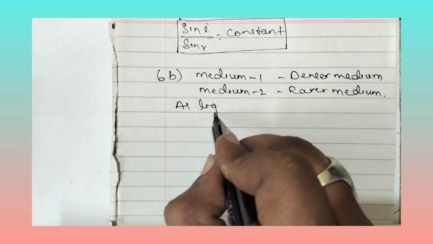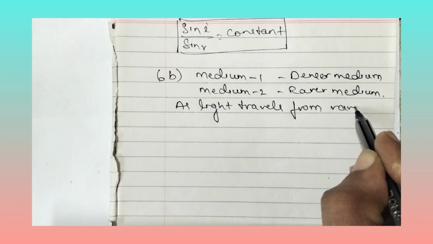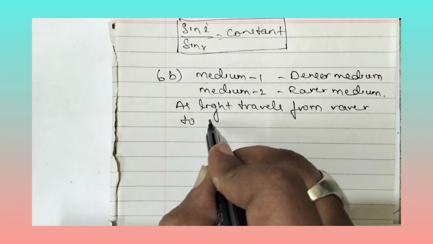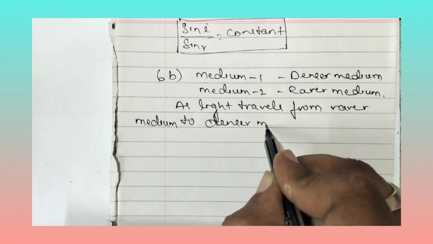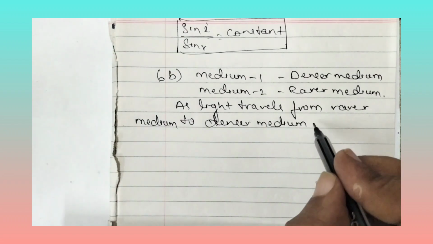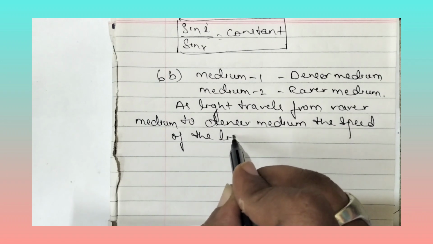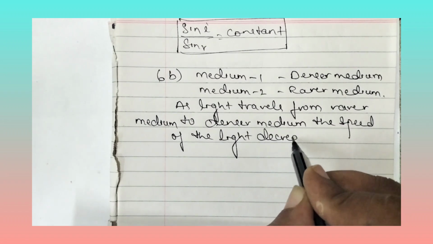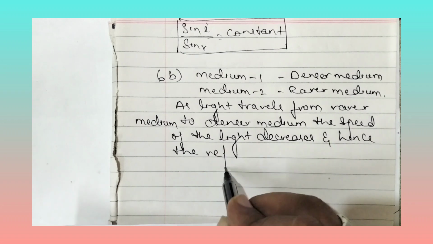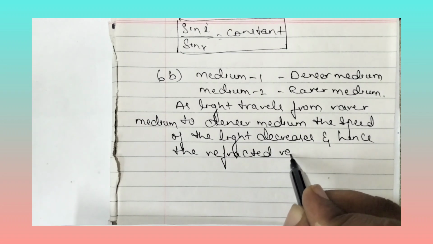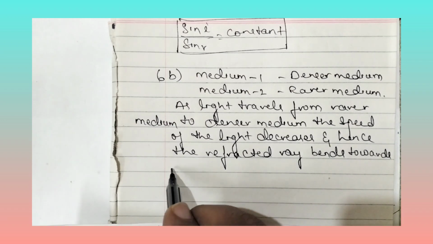As light travels from rarer medium to denser medium, the speed of the light decreases, and hence the refracted ray bends towards normal.